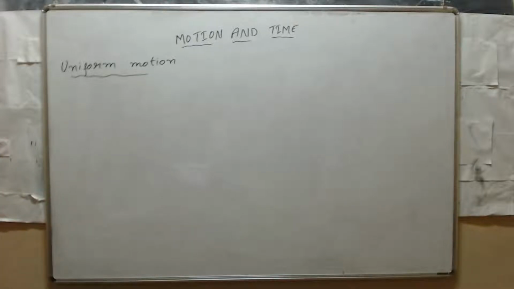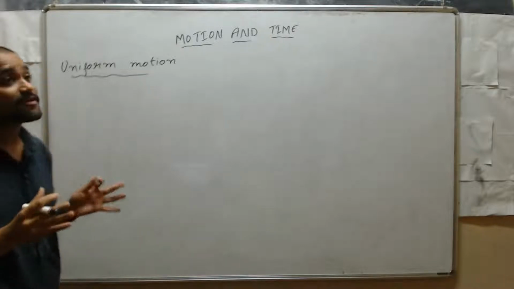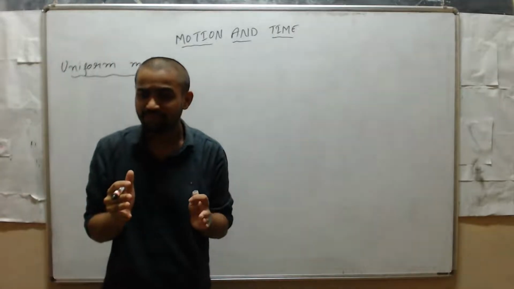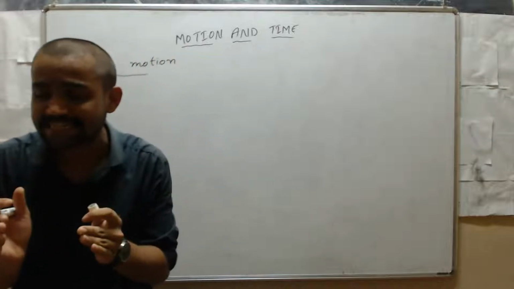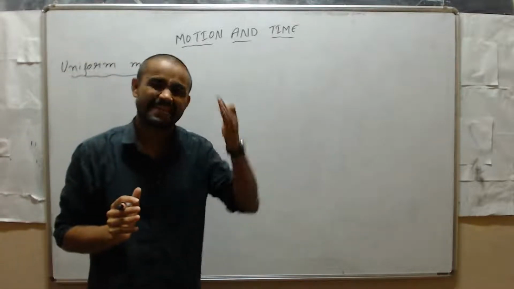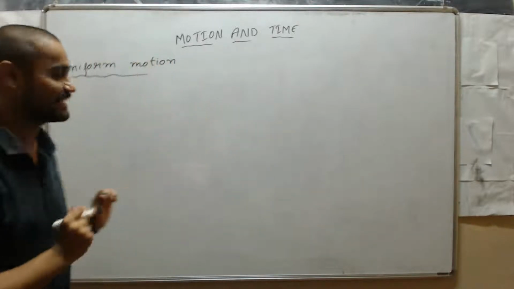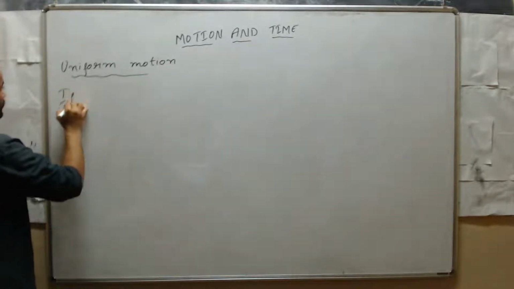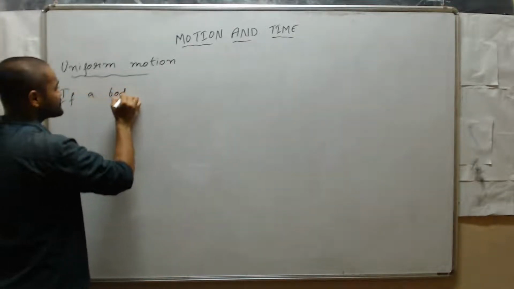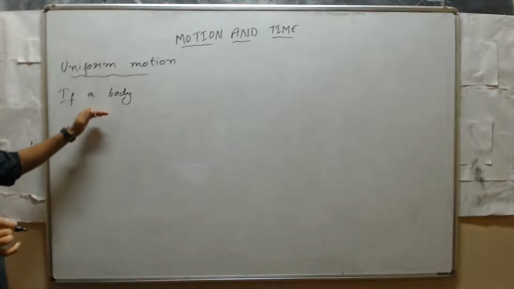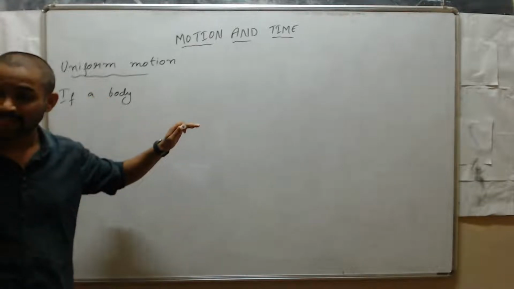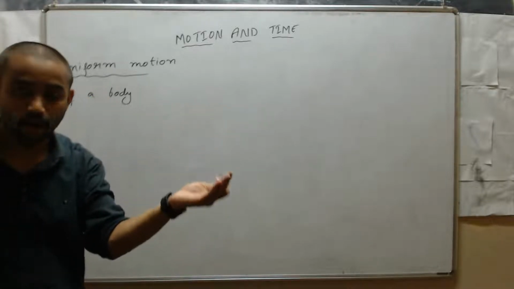I will write it. If a body covers equal distance in equal intervals of time. A body, whatever it may be, in science we can call it a particle or an object.